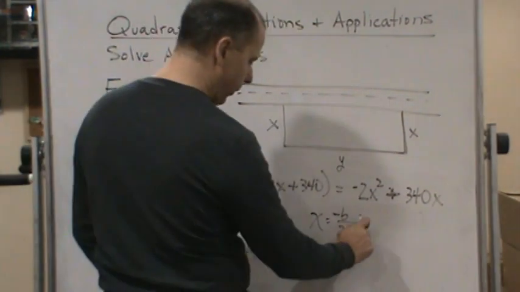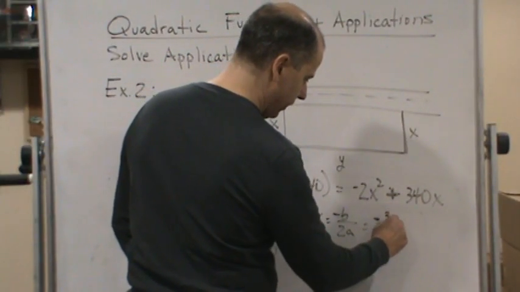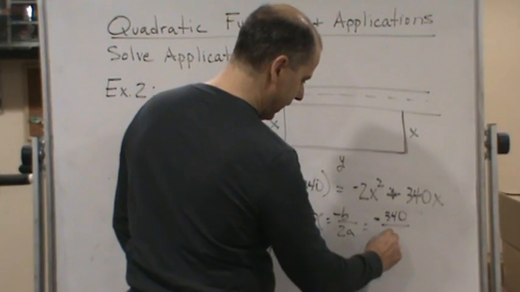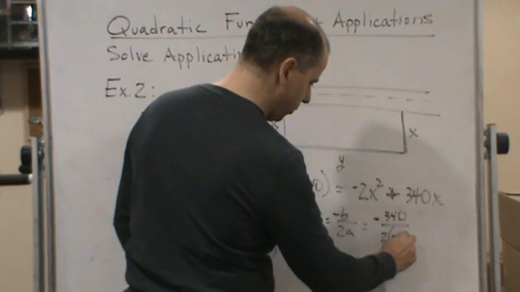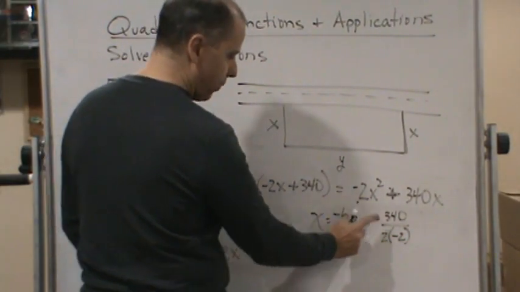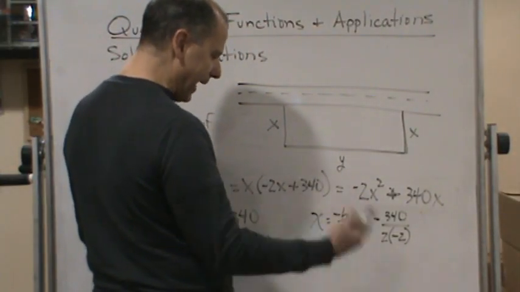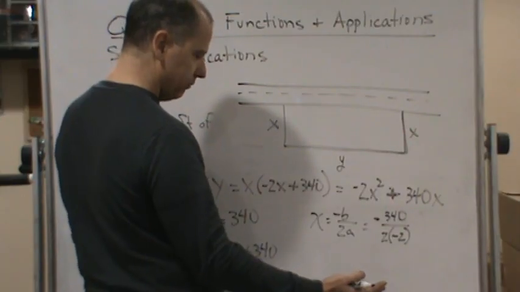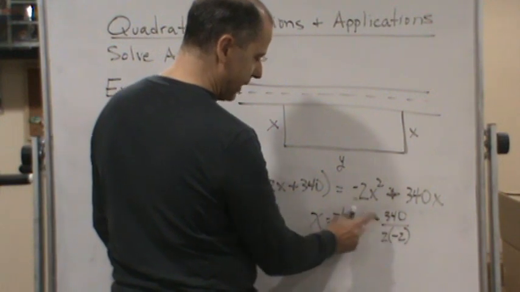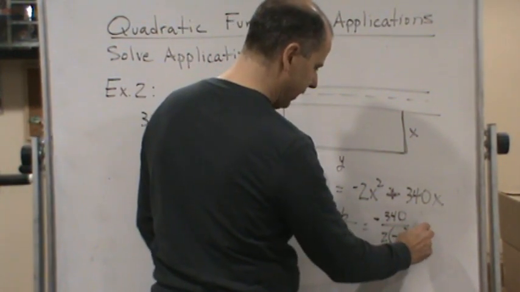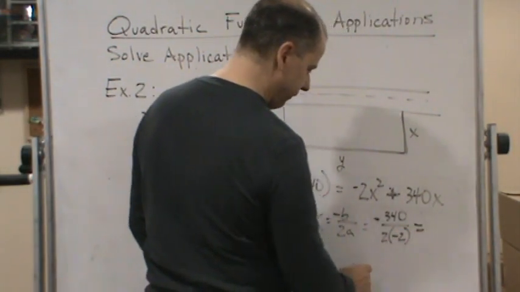Here b is 340, so it's negative 340 divided by 2a, which is negative 2. This should make sense because x has to be positive, you can't have a negative length. So the negatives cancel, and I feel good about the answer. This is going to be 340 divided by 4.